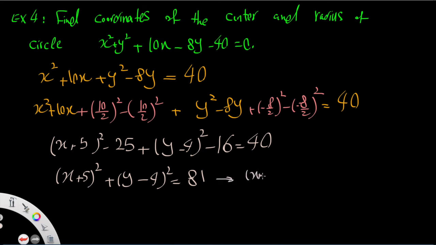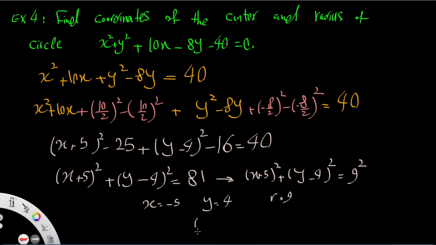So I write x plus 5 squared plus y minus 4 squared is equal to 9 squared. So you clearly see that the x coordinate of the center will be negative 5, the y coordinate will be 4, and the radius is 9. So it will be minus 5, 4, and radius 9.